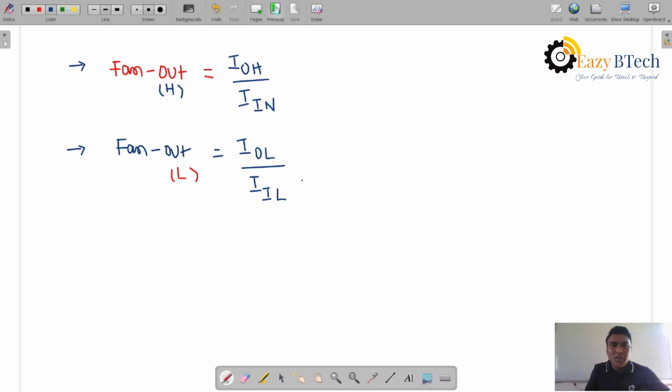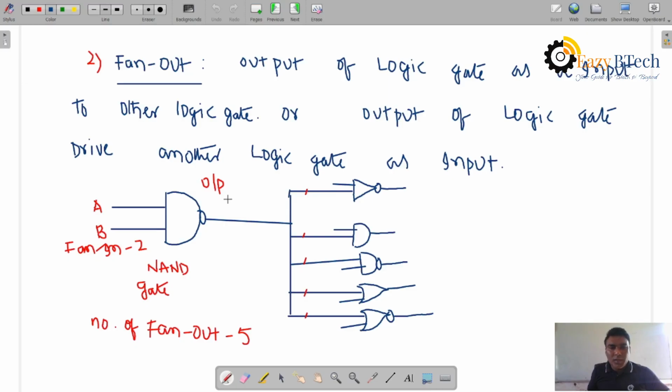If you see here, the high output current is taken as a high input to all these gates. This one is a high input, here also a high input. So the high output of a logic gate is a high input to another logic gate.